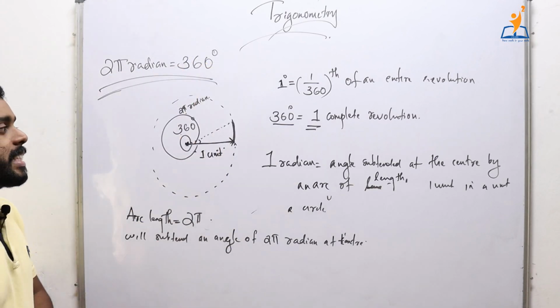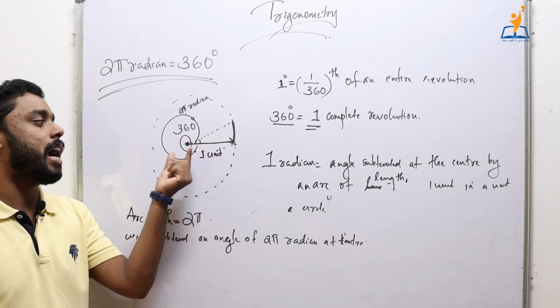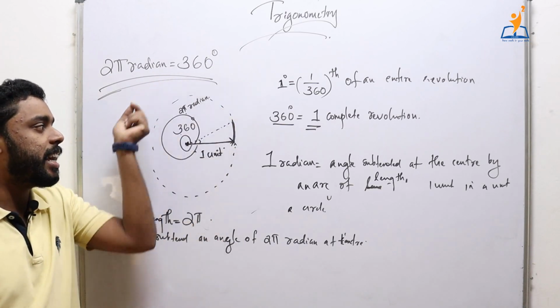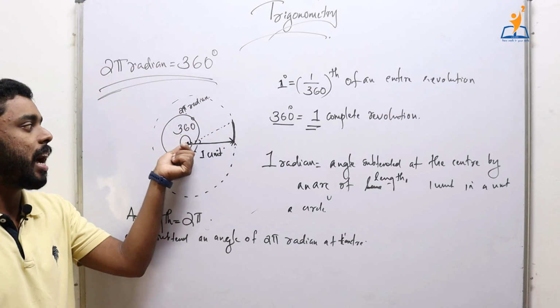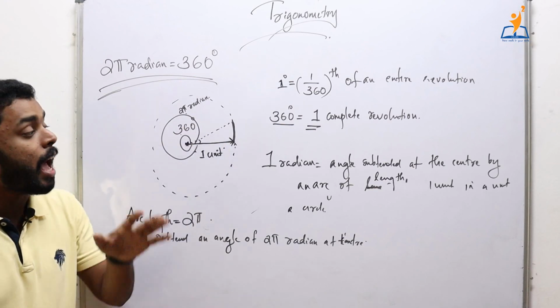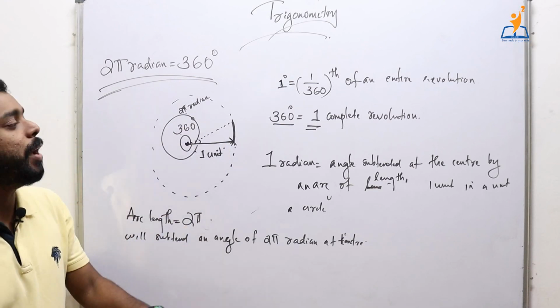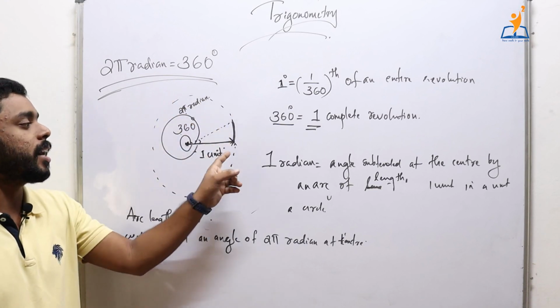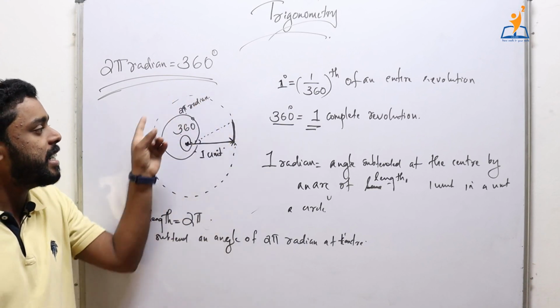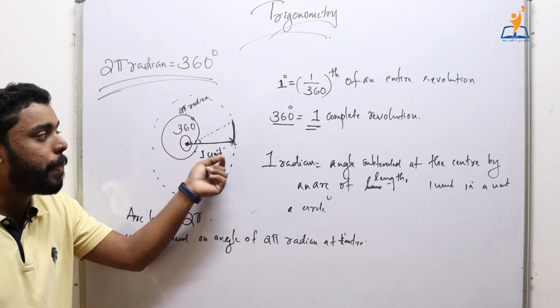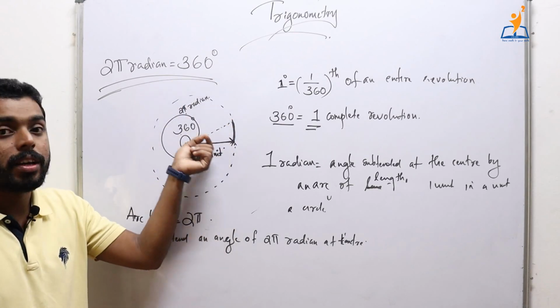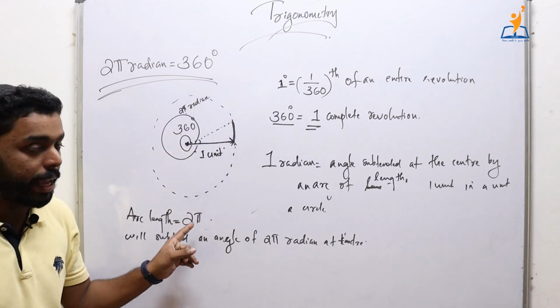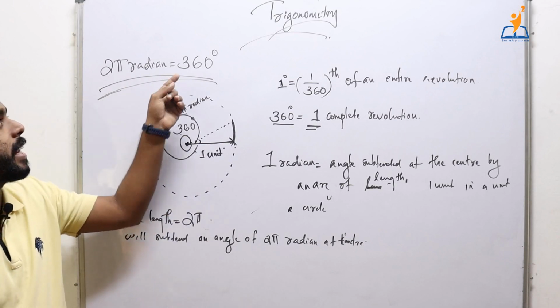How did we obtain this? When we considered this as a ray of unit length, after a complete rotation we get the angle formed at the center as 360 degrees. And when we considered the same thing as a unit circle, the angle subtended at the center by the entire circle, which is an arc of length 2 pi, is 2 pi radians.